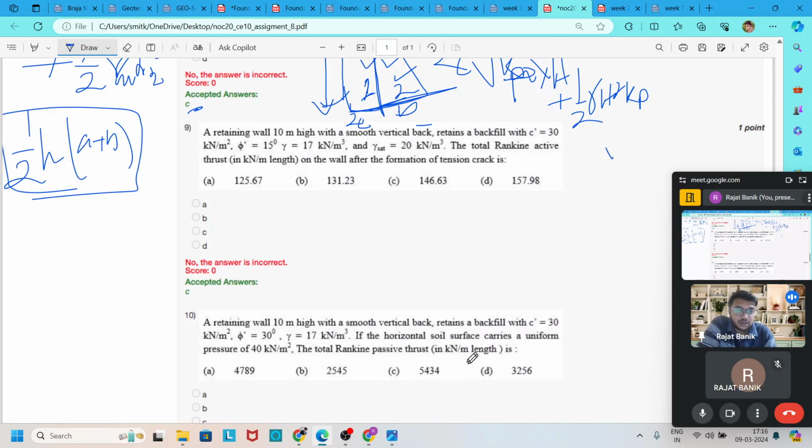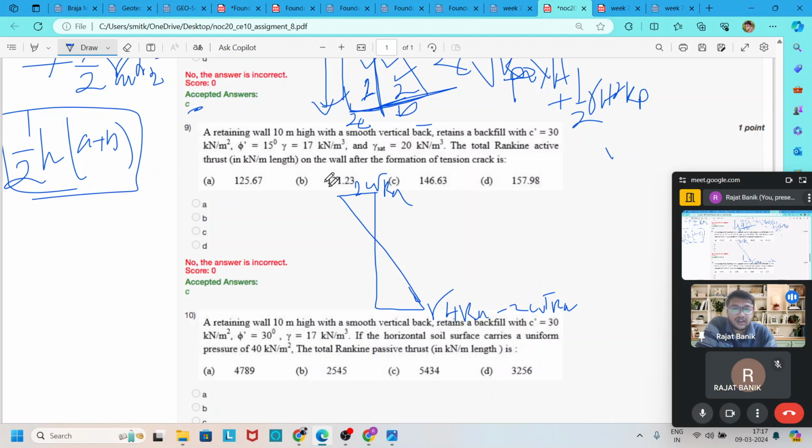So first draw the pressure diagram. For a cohesive C-phi soil, the pressure diagram for active thrust is: here it is minus 2C root over Ka, and here it is gamma H, height of the wall, into Ka minus 2C root over Ka.